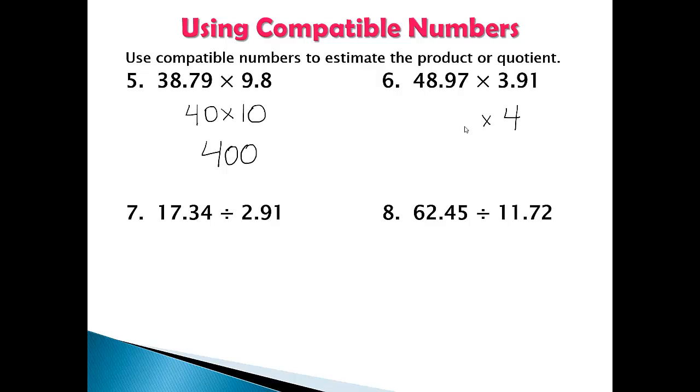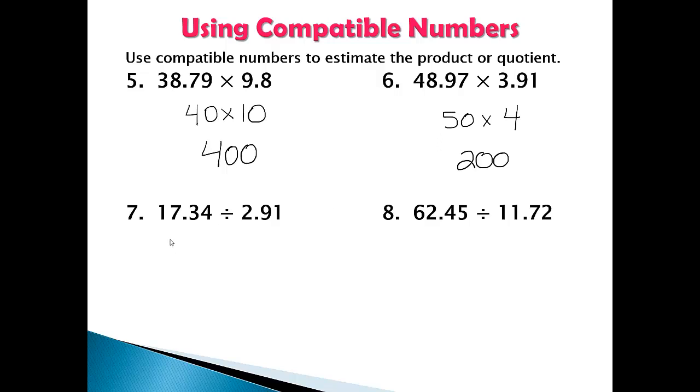But 49 times 4 is not very easy. So we could just round this up to 50, because we can multiply 50 times 4 easily. 5 times 4 is 20, so 50 times 4 would be 200. Once again, notice that I did not just round to the nearest whole number. I rounded these in a way that would make it easy for me to multiply.